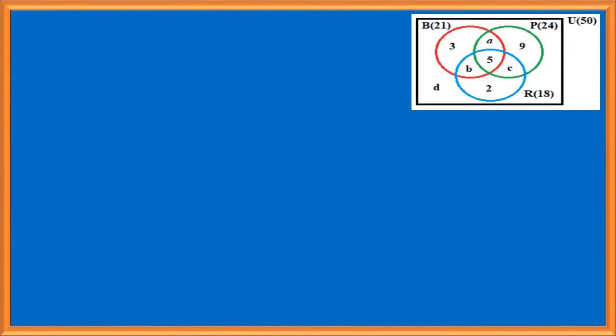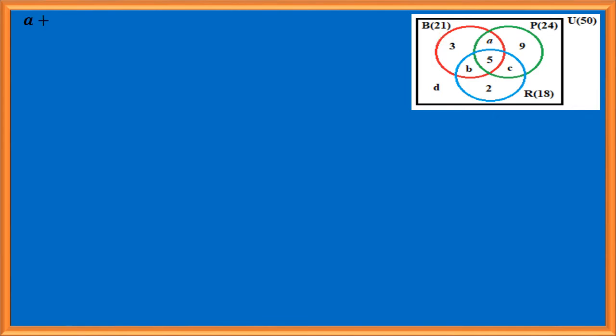Now, when we consider the Venn diagram, taking the components within the red circle, the red circle here represents beans. When we add all the components, we should get 21. So let's do that and see.